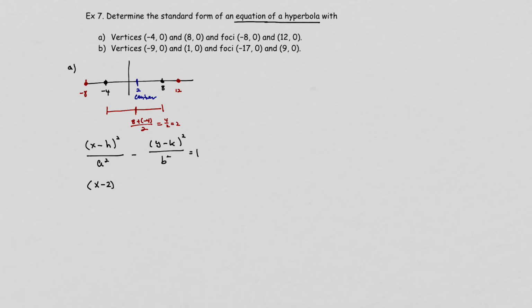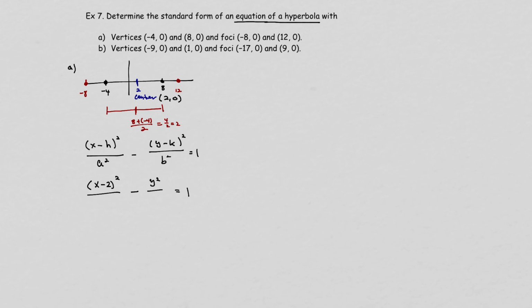This is going to be the center, which is 2 and 0. And y is going to be 0, so it will be just k equals 0, so it will be y squared equals 1.